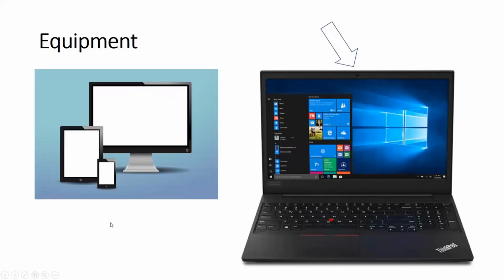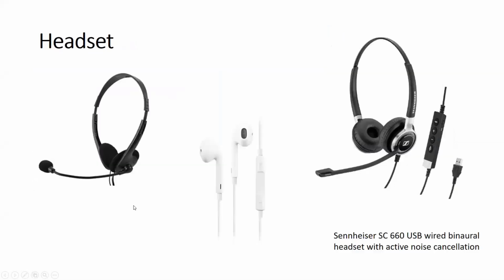I covered equipment in the earlier webinar, so I won't spend a lot of time, but I've had lots of questions the last few days. People can't buy headsets, particularly the Sennheiser one. To me, anything that you plug into your computer, even this $10 one, is going to be better than the mic that's built into your laptop computer. So just find something that you can plug in, and it's going to be better.